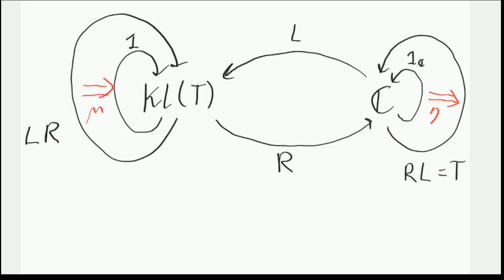So more precisely, if we have an arrow K from X to Y, then L is going to send that to the Kleisli arrow from X to Y. Which Kleisli arrow from X to Y? Well, the one that corresponds to the ordinary arrow, which has this kind of form.